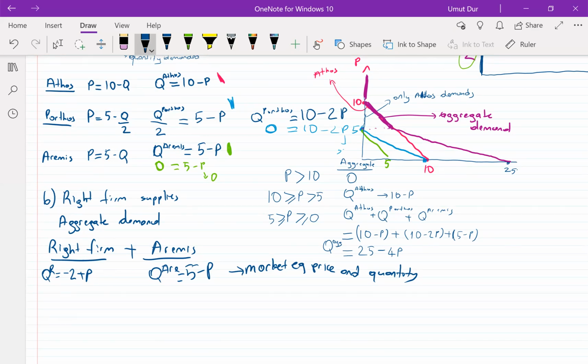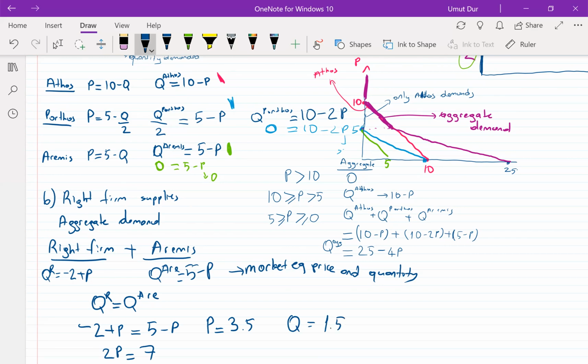So here QR will be equal to quantity RMS: minus 2 plus P is equal to 5 minus P. Then 2P is equal to 7 and P is equal to 3.5, and quantity will be equal to 1.5.